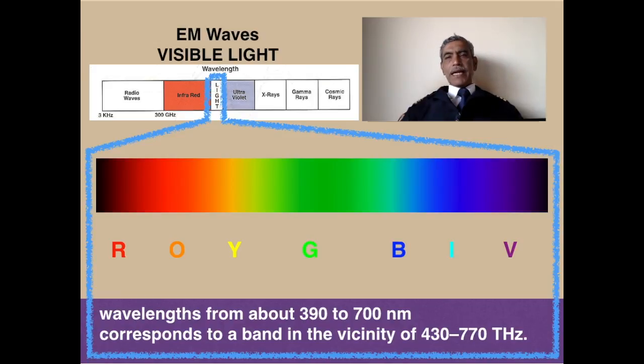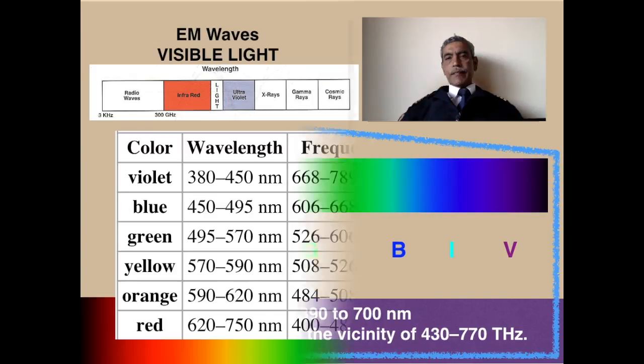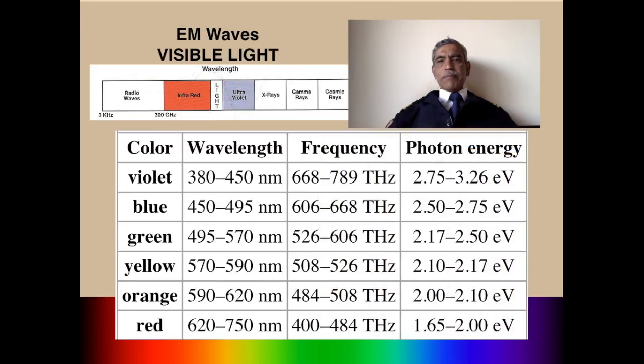There are lots of other interesting facts which you could go through from your other books. While I was preparing for this particular lesson, I found this information on Wikipedia: how each color corresponds to a particular band of wavelength and frequency, and there is an energy level of this.